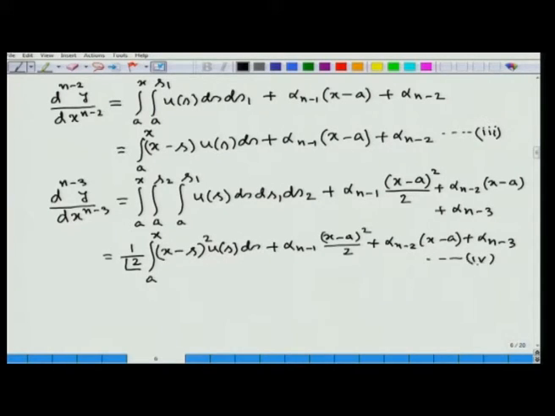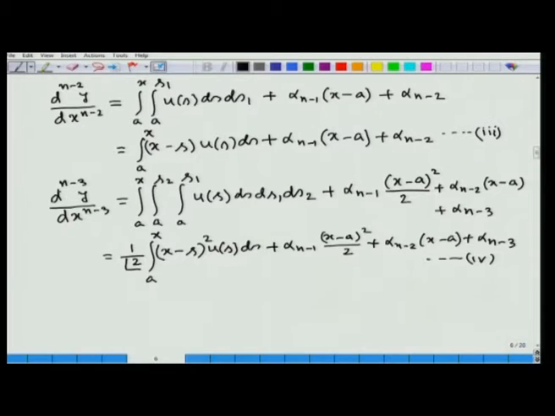Now, just have a look at the analogy of this order of the derivative and the suffixes appearing here. When the order of the derivative is n minus 2, the constants go up to alpha n minus 1, alpha n minus 2.